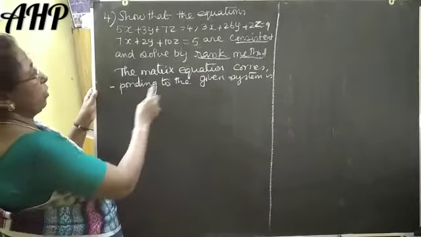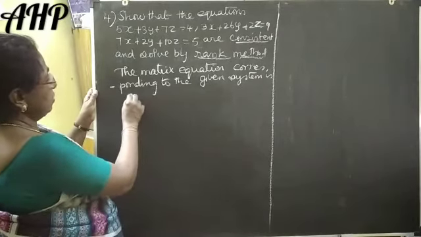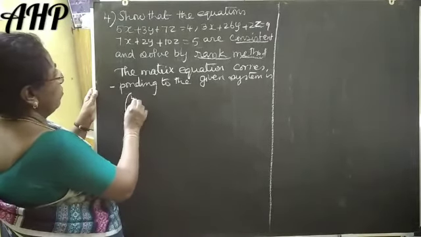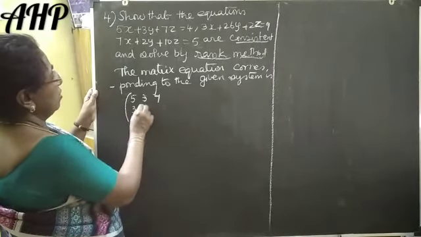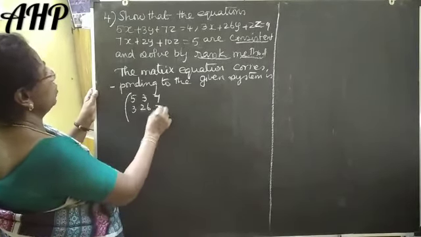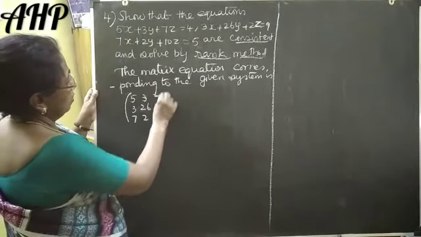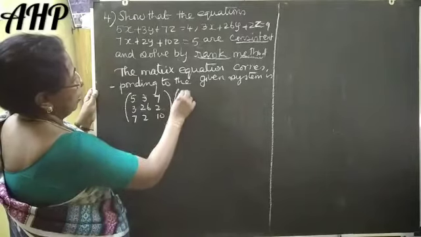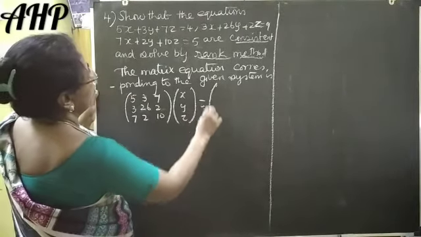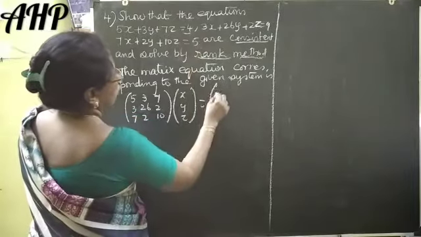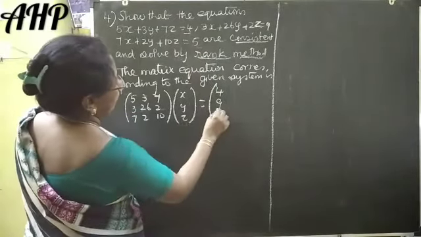So the matrix equation corresponding to the given system is 5, 3, 7, 3, 26, 2, 7, 2, 10 into x, y, z is equal to 4, the constant 4, here the constant is 9, there the constant is 5.